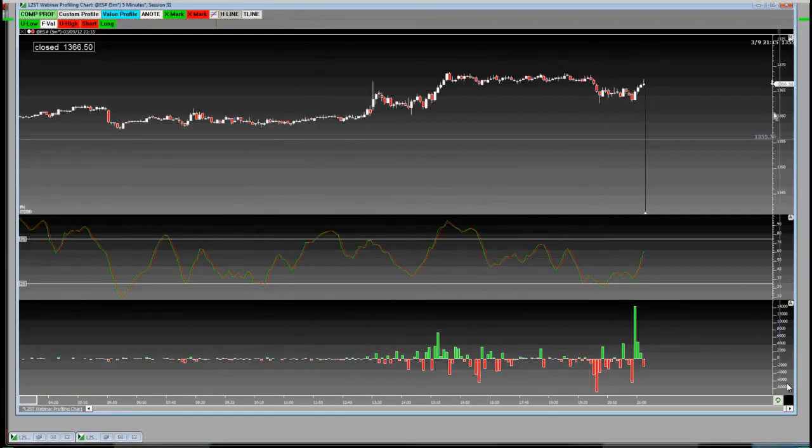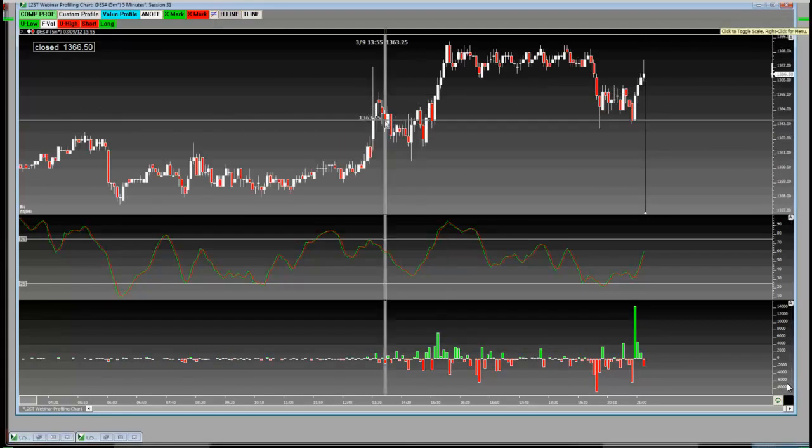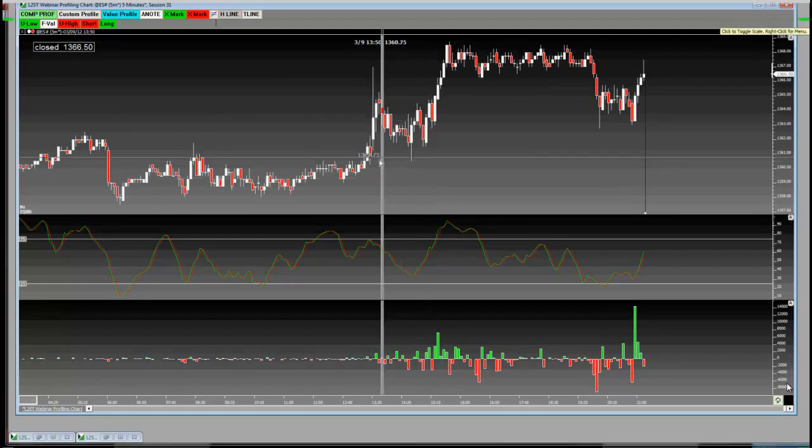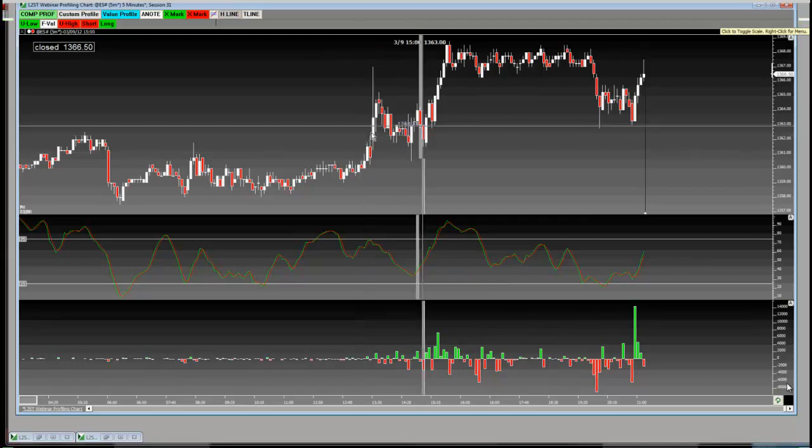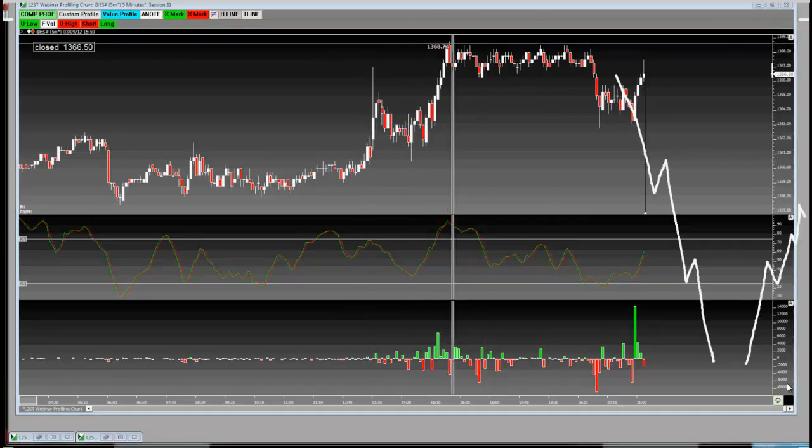So let's have a look at the delta bars and see if we can spot any divergences here. And we had a divergence here. Look, delta spiked up right up here, made a high. Delta from that moment started to drop off.